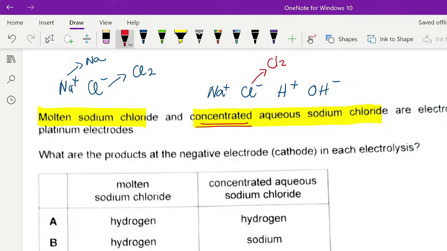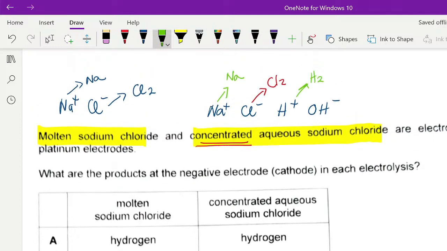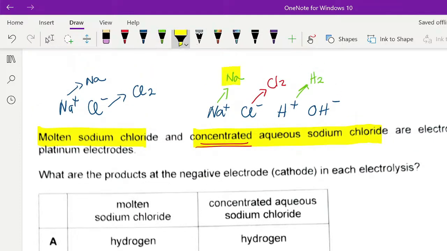Now, how do we determine which one, sodium or hydrogen, gets reduced? Potentially sodium can be reduced to sodium metal and hydrogen can be reduced to hydrogen gas. Now, which of these two products is more stable or less reactive? The one that's less reactive is hydrogen, right? Less reactive, or we also call it more stable.